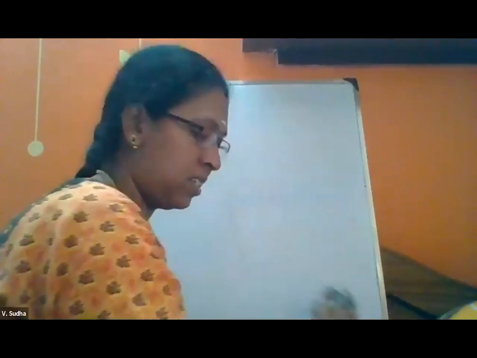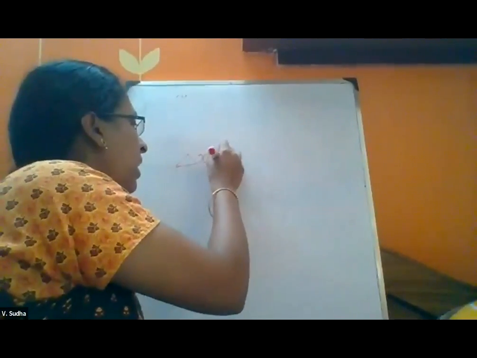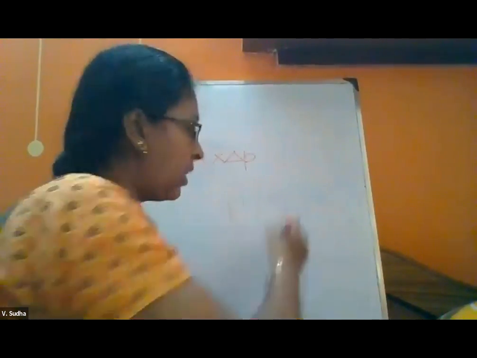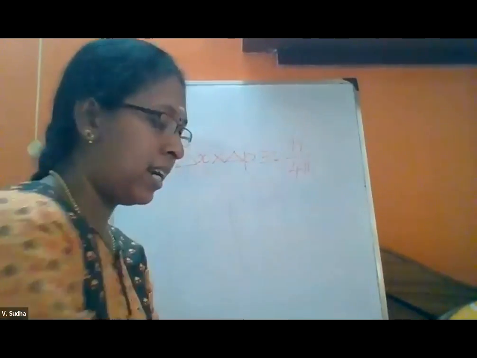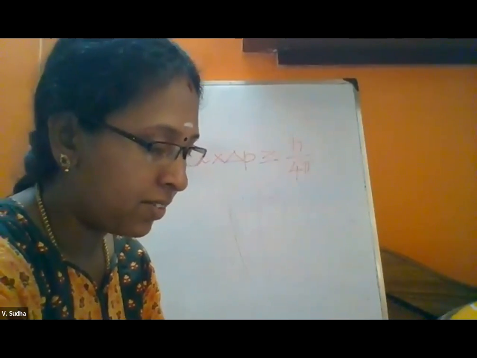Delta x into delta p is greater than or equal to h by 4 pi.